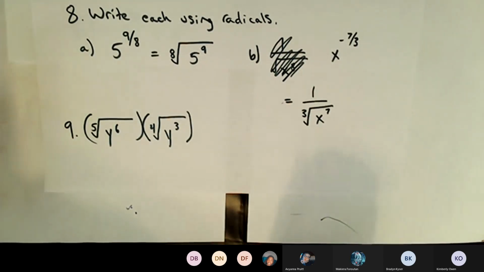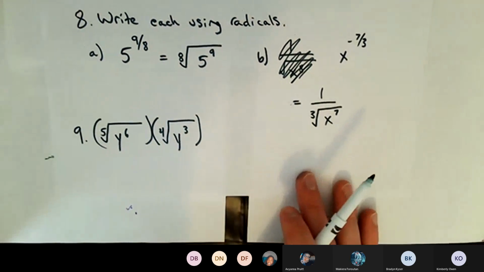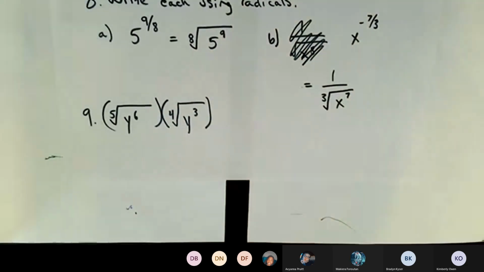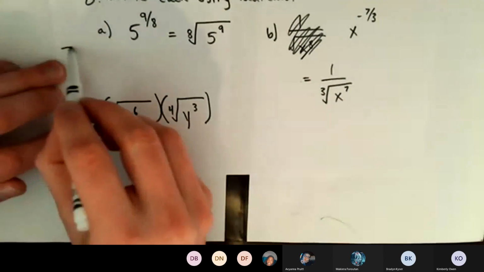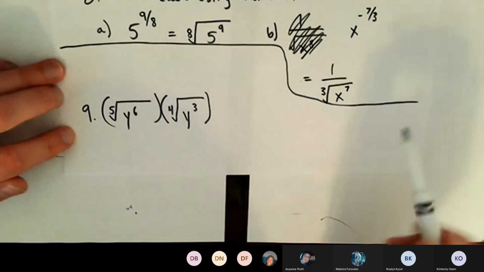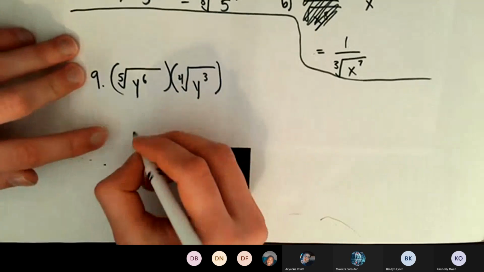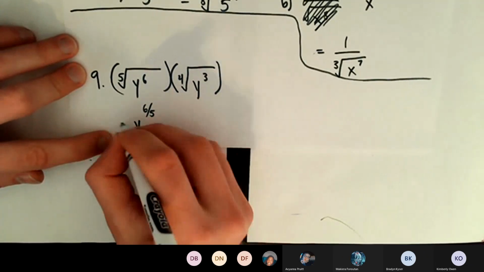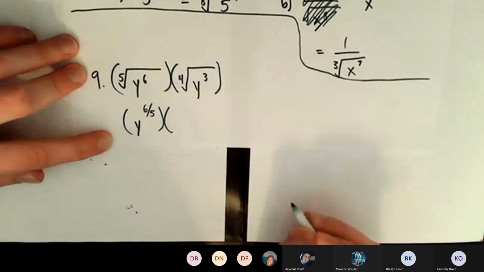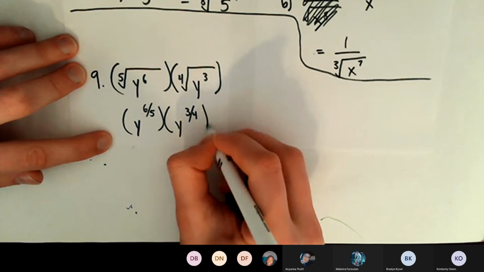We're going to express the answer using rational exponents. Well, I can write this first one as y to the 6 over 5. And the second one as y to the 3 over 4.